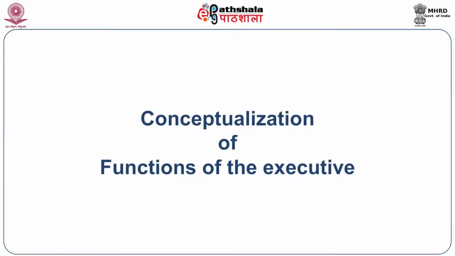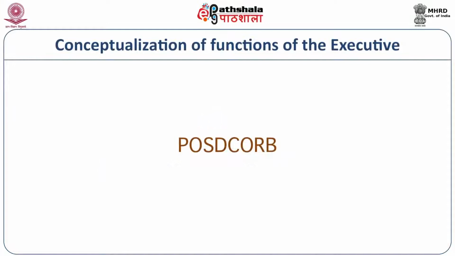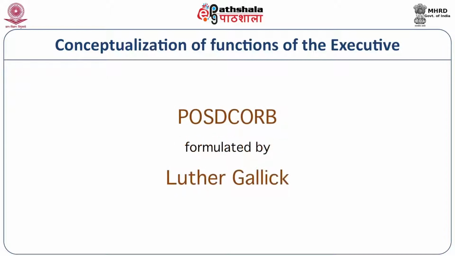Now, the next important thing is the conceptualization of the functions of the executive. I think as students of public administration we are already aware of POSDCORB, which is a formulation of Luther Gulick, one of the classical thinkers.